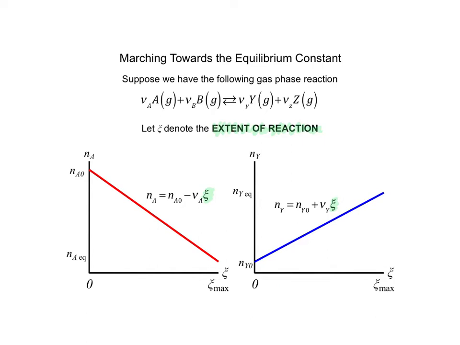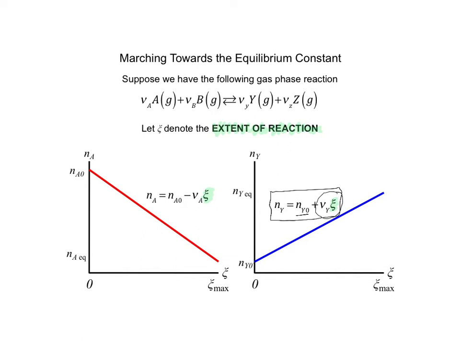And the algebra for showing that is just that the moles at some point in time is equal to the moles at time 0 plus this mole ratio times the extent of the reaction, so how far we've gone.